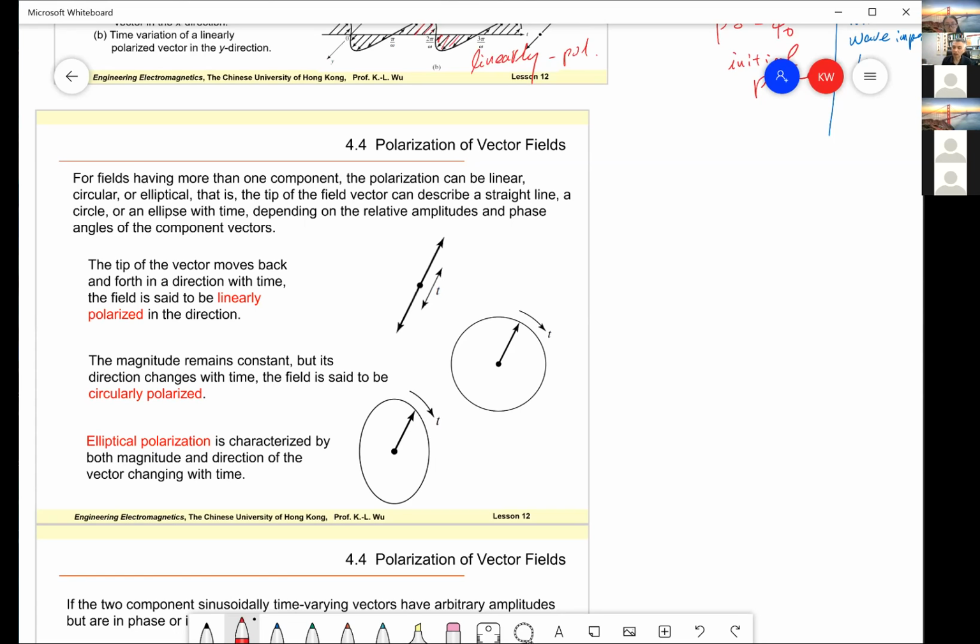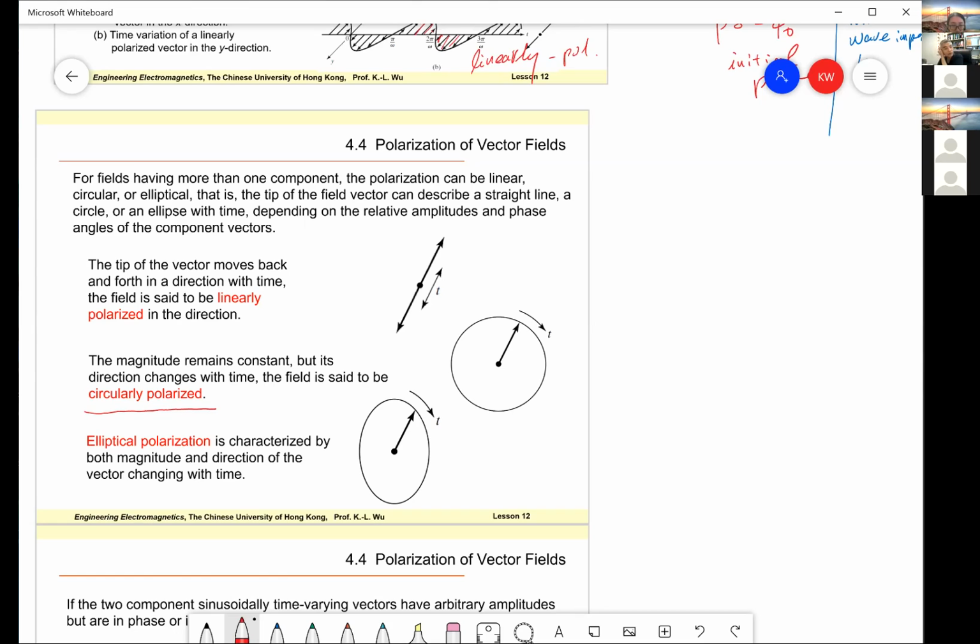As a result, if the polarization rotates, I always have a chance. I can get 50% of the signal, so I can receive it. So this is why we are also interested in other kinds of polarizations, besides linearly polarized wave.